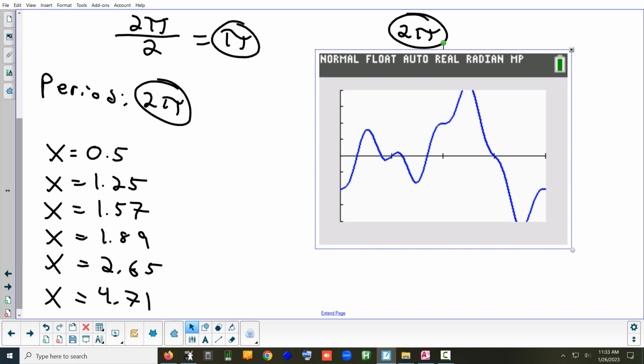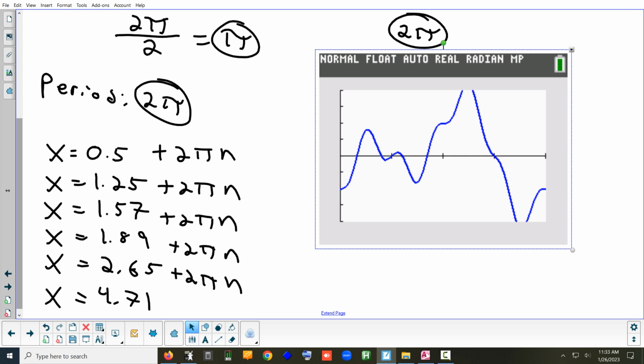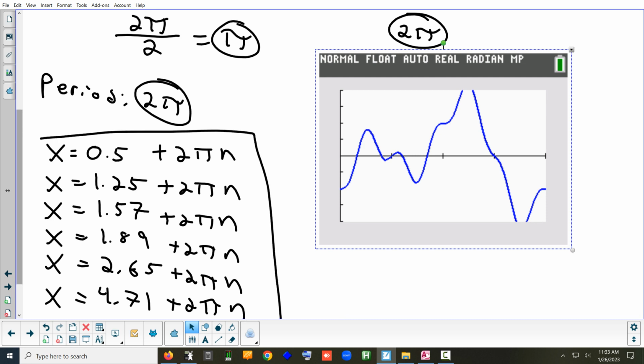And each one of those would have a what on the end of that? Plus 2 pi n. Yep. So they all have the plus 2 pi n. Nothing hard about this one, it's just more time consuming to find all those solutions.